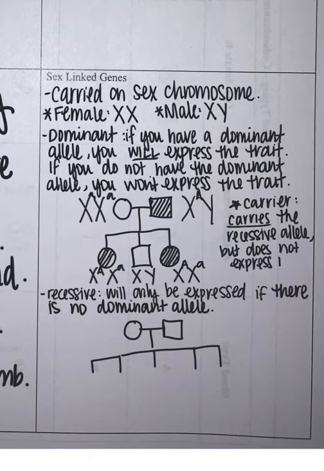So they don't express the trait. So these two females are going to be carriers. Now my male is an X and a Y, so he gets one Y from the dad, and his X is always going to come from the mom, which is a little a.